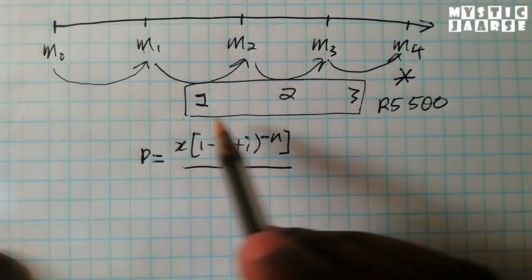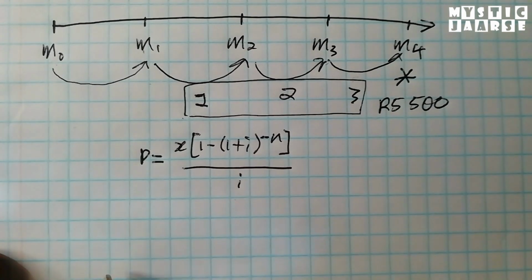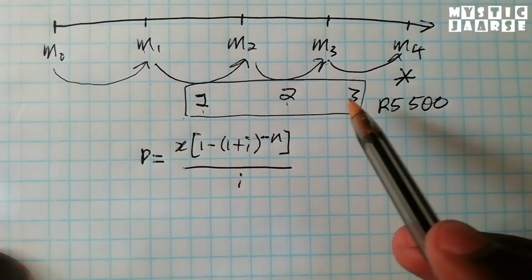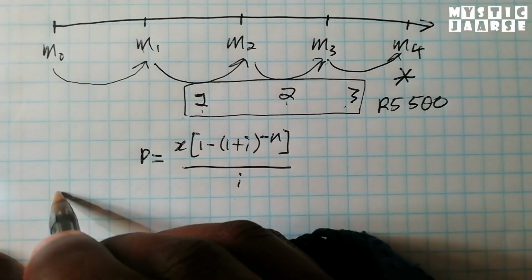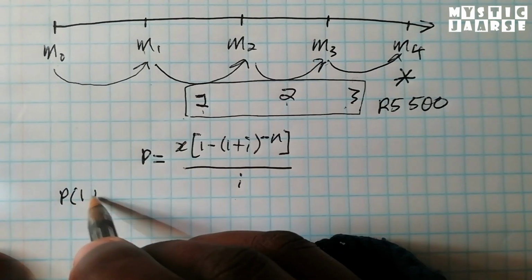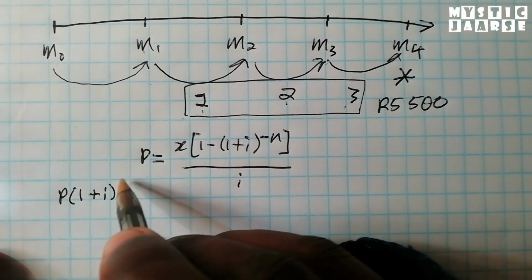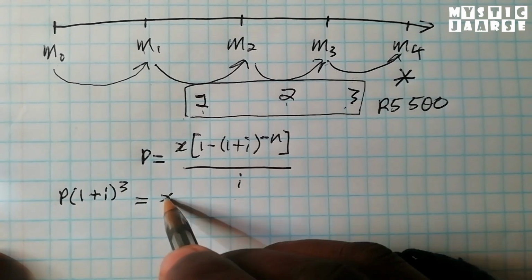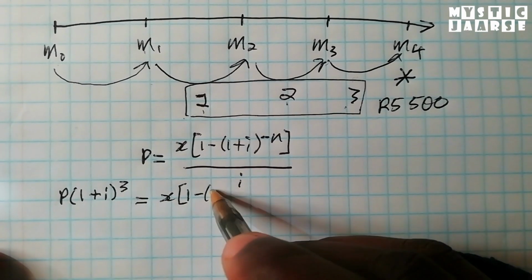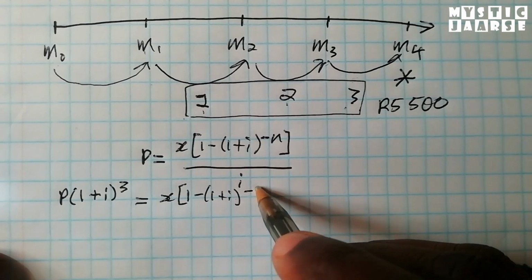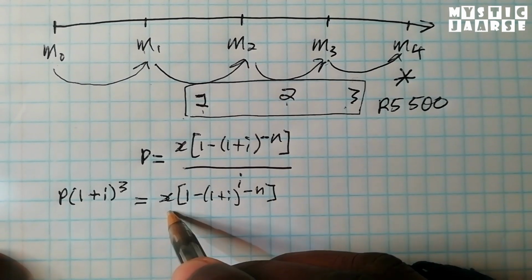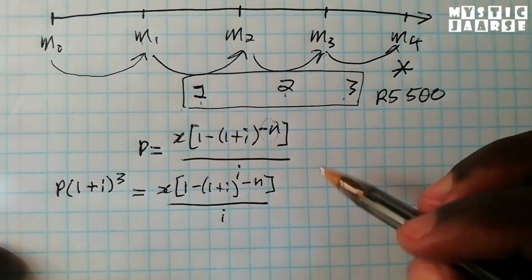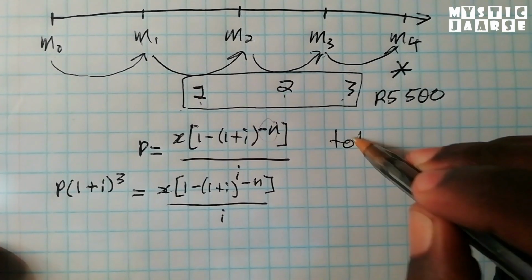Now, like I said, the principal amount, the money that Lesibane borrowed from the bank, will accumulate interest for 3 months. So this P will accumulate interest for 3 months, equal to equal payments into 1 minus 1 plus I to the power of negative n, close, all divided by I. But then we know that n represents the total payments, right?